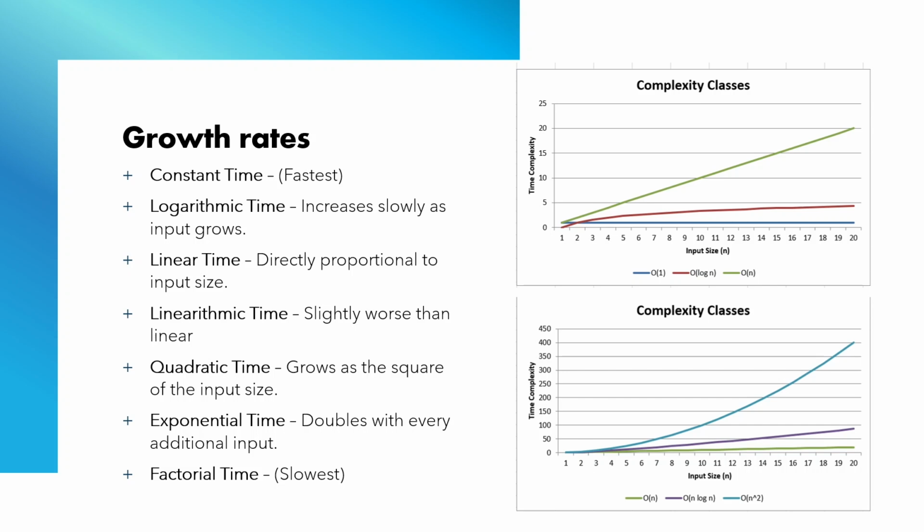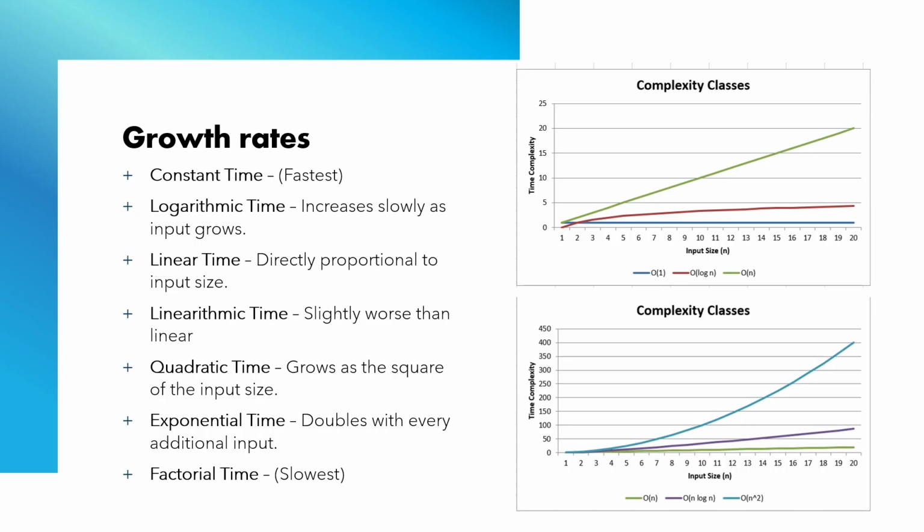This means that if you have 10 items, you might perform around 10 times 10 operations, which is 100 operations. And if there are 100 items, this requires about 100 times 100 operations, which is going to give you 10,000. This way, the number of operations grows roughly in proportion to the square of the input size. We'll have the exponential time, we'll have the factorial time, and so on.